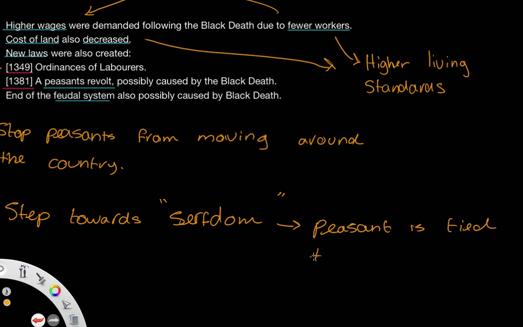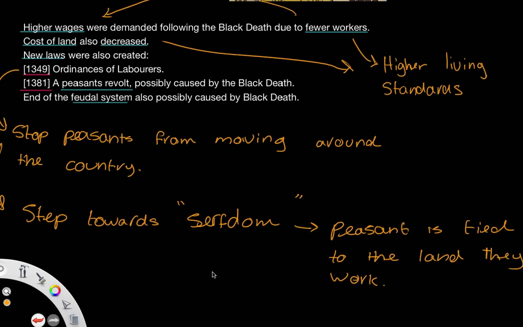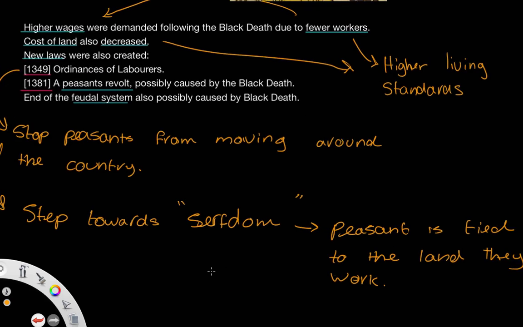It's a form of slavery almost, and this wasn't introduced in Russia until the 1640s. Okay, so you can see really that the idea of peasants moving isn't a good idea.